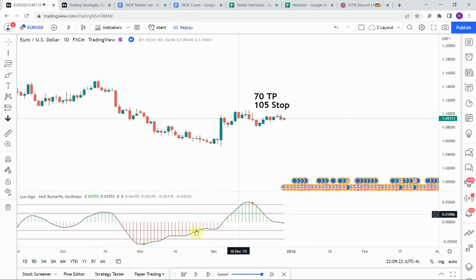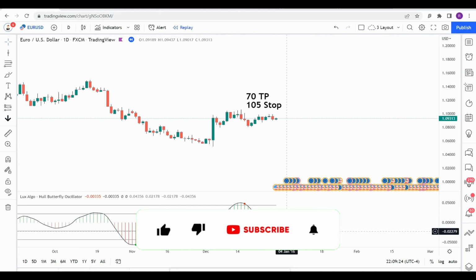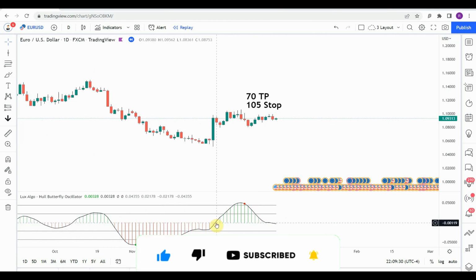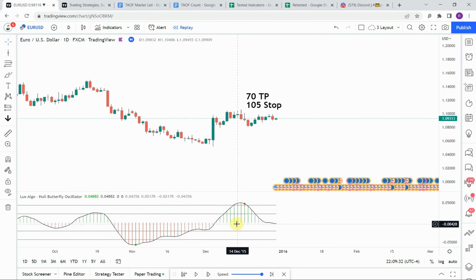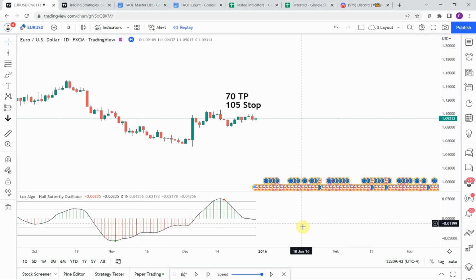We also have a histogram building, following along with it, as a zero line histogram. So there is essentially a zero line running right down the middle, and the histogram is green and red according to whether it's above or below that zero line.